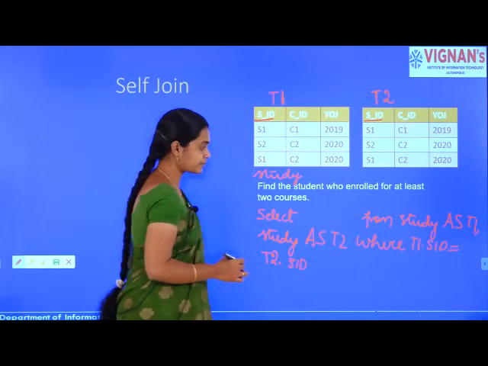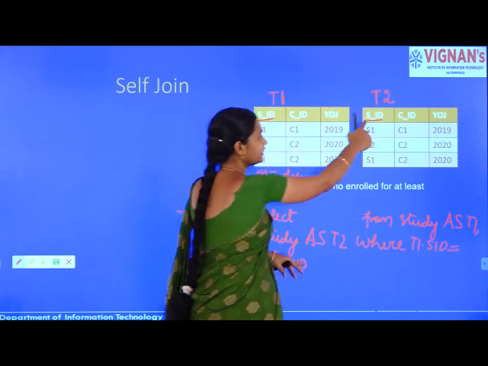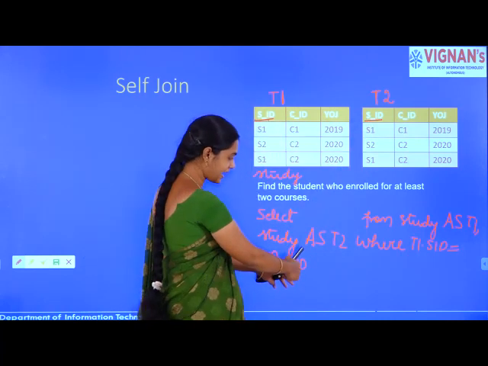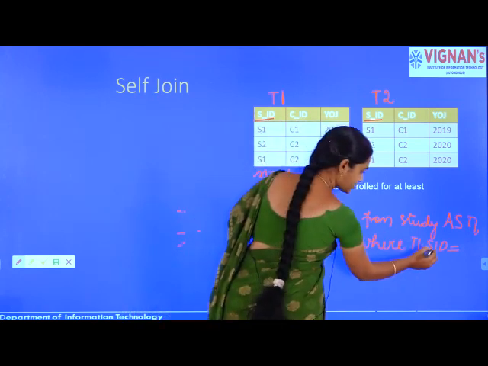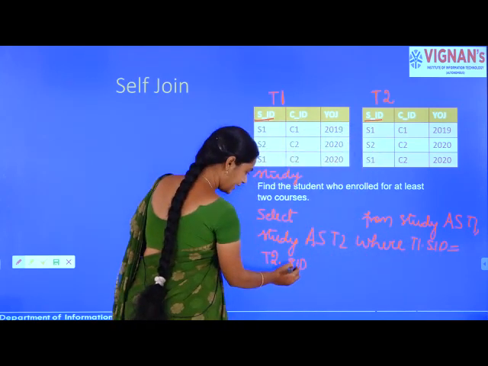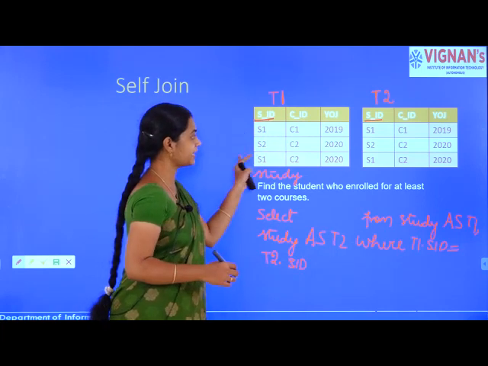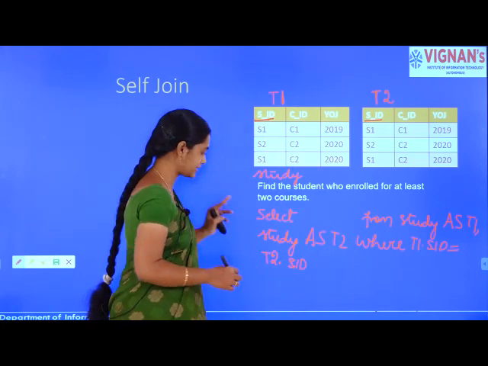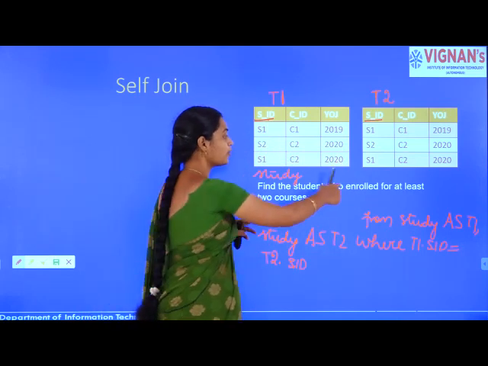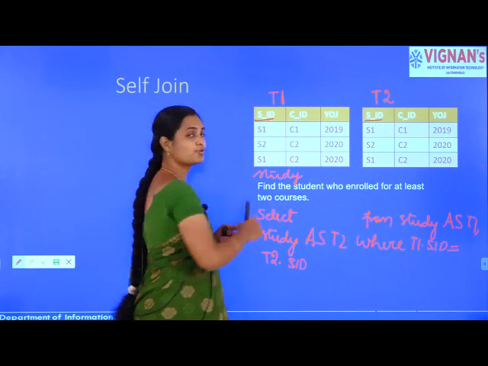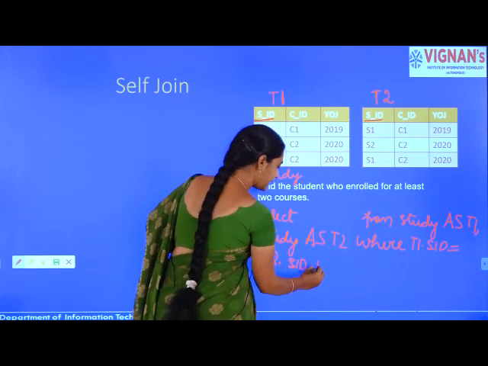Okay. So please be careful when you are writing the attributes. The attributes in the relation as well as the attributes in the query should be equal. So S underscore ID and S underscore ID. Okay, so now we have joined these two tables. I want to get those students who are enrolled for at least two courses. So what will I write here?